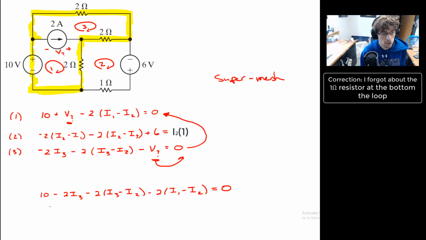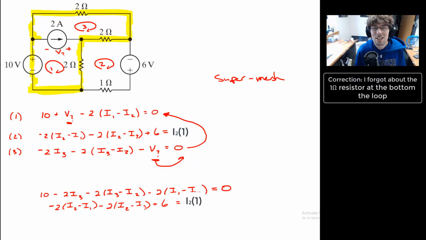We still have equation 2, negative 2i1, i2 minus i1, minus 2i2 minus i3, plus 6 equals 0. We still have that equation. And you notice, though, that we still have to get a third equation. We have three unknowns.